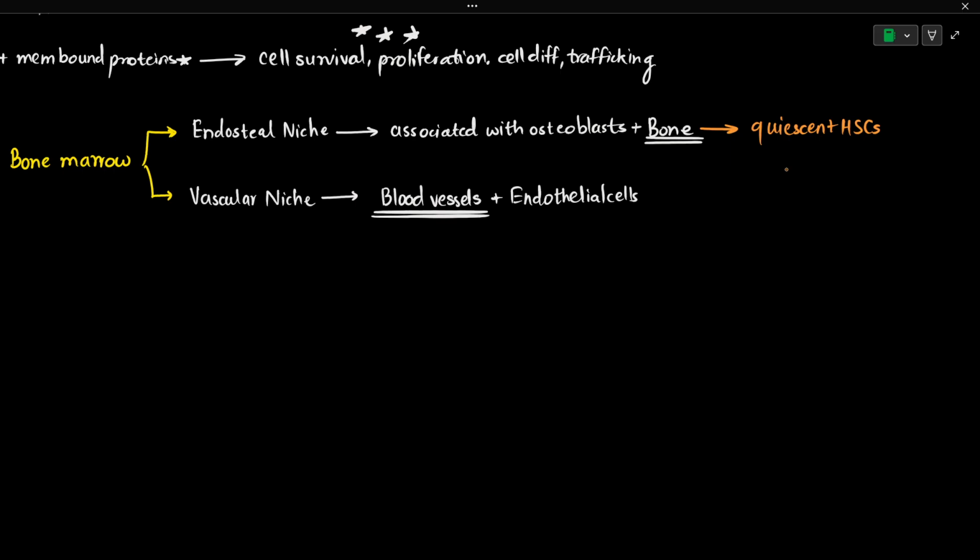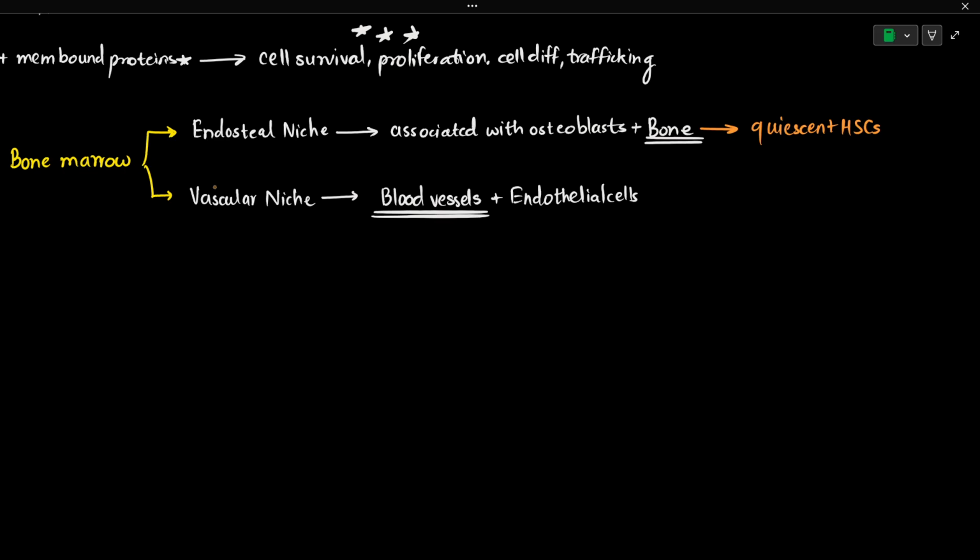Whereas the stem cells which want to differentiate, meaning they want to commit to a certain lineage, are going to be found in the vascular niche, because this niche is near the blood vessels and the endothelial cells, and endothelial cells promote the differentiation of hematopoietic stem cells.